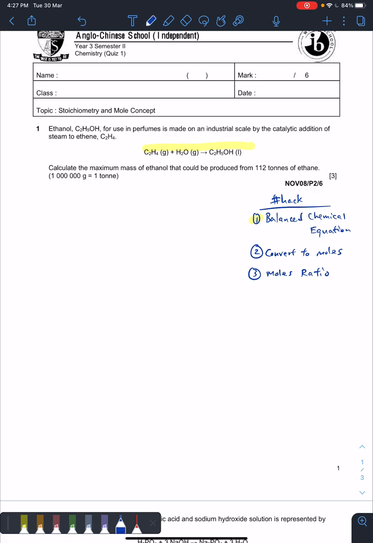Second step, let's change to mole. So you're given, the only number here is this, 112 ton. What is this ton? Since it's not something that you are familiar with, we have to give you what it means. So be careful.